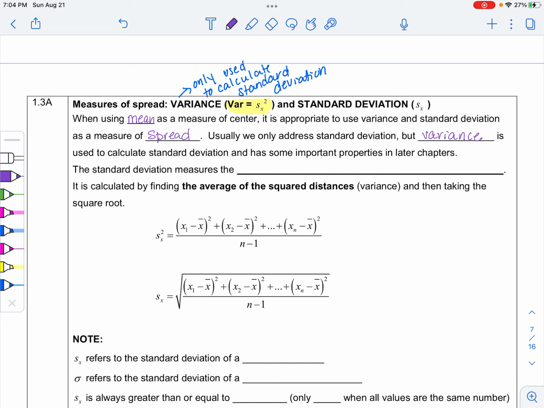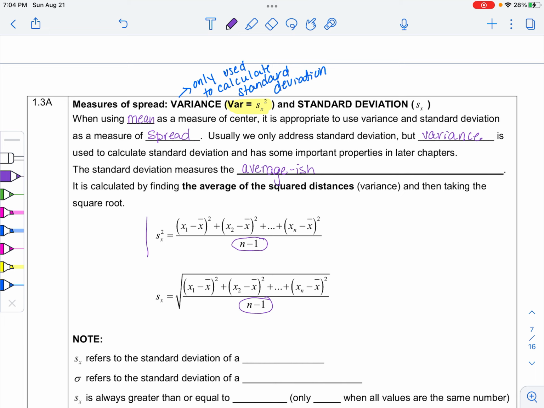The standard deviation measures the, I'm going to say this word, it's not really mathy, but it's the average-ish. And I say ish because if we look down at the formulas for it, you're going to see that we don't divide by n, we divide by n minus 1, which is why I don't want to say the word average.